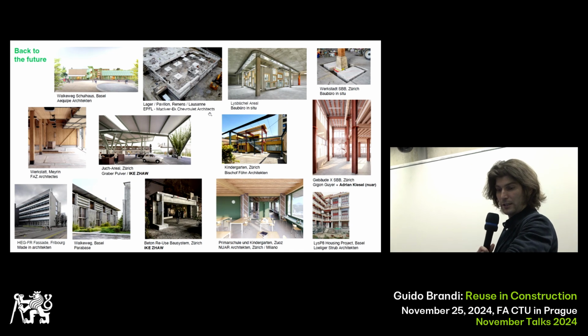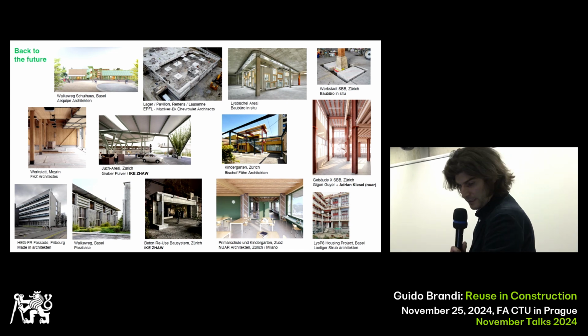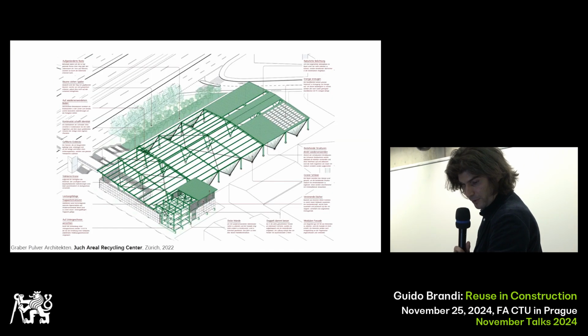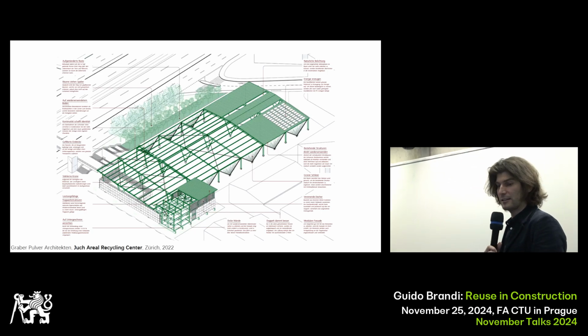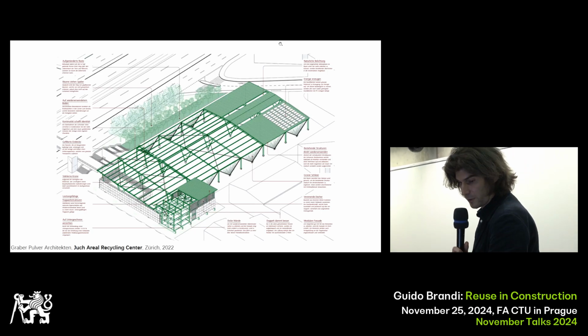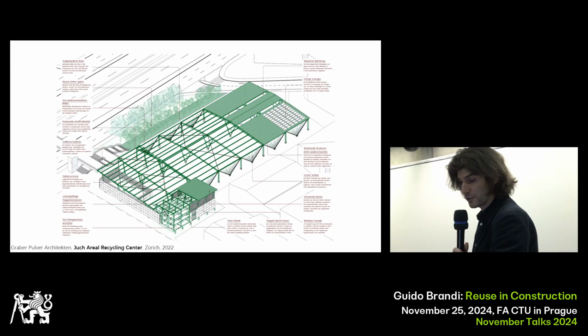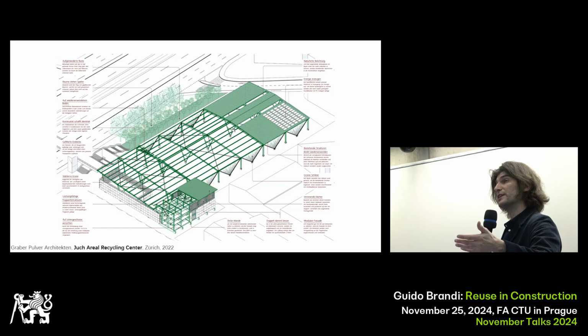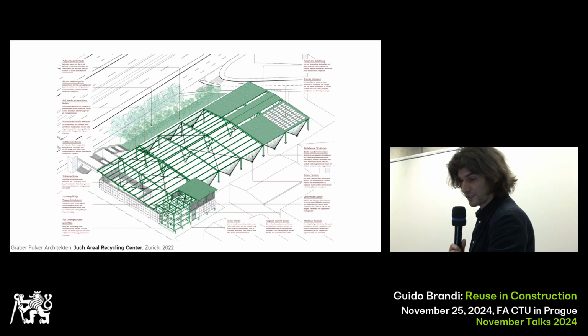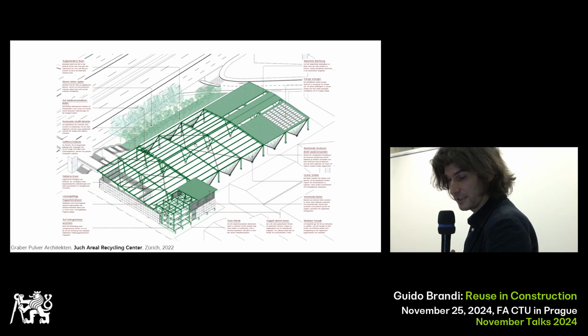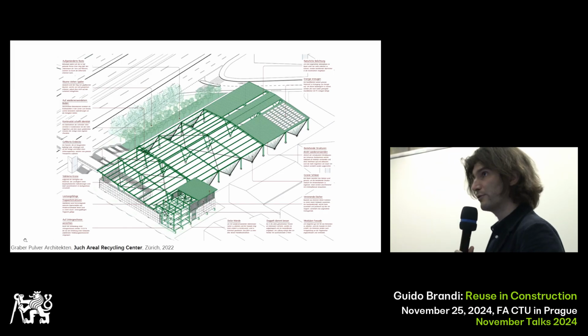All these projects are actually in planning in Switzerland. For example, this ZHAW Recycling Center in Zurich, where there was an open competition, and a catalog of elements was also given, for example, the entire steel structure. The winning proposal was from Graben and Pulver.